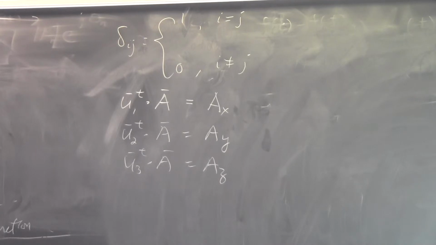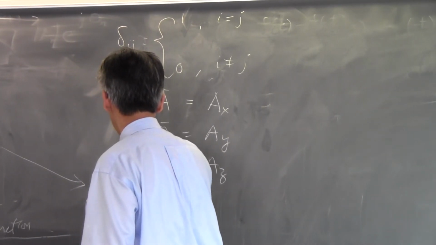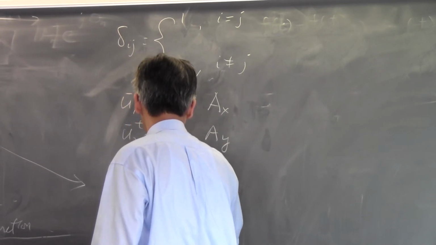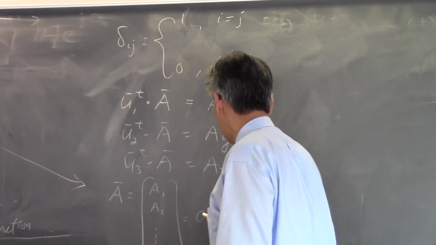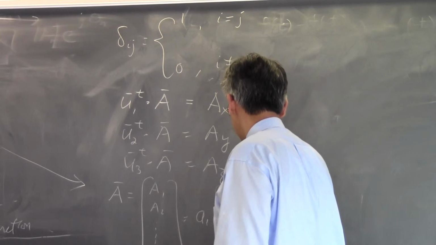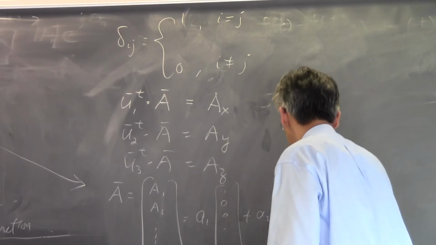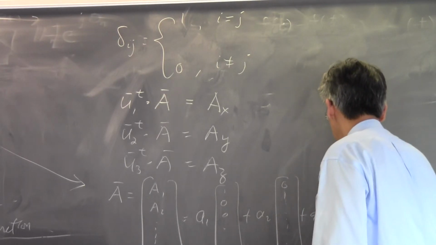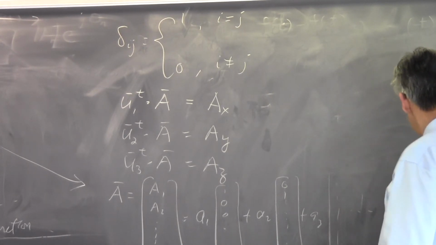This concept can be generalized to not only three vectors. You can generalize it to a vector of any length. A might be a1, a2, up to an, and it can always be expanded in terms of the unit vectors: a1 times (1, 0, 0, ...), plus a2 times (0, 1, 0, ...), and so on, plus an times (0, ..., 0, 1), with 1 at the end.